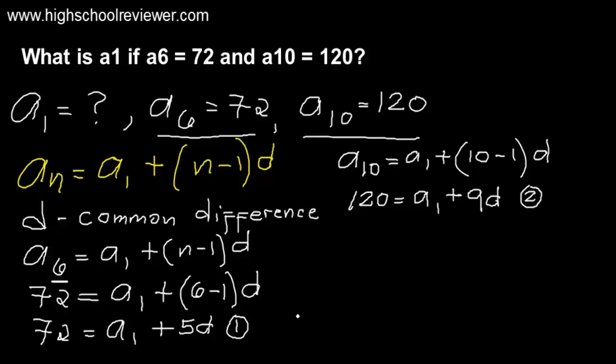So we need to subtract a sub 1 from a sub 1 so that we can cancel out a sub 1 and we can find the value of the common difference, or d. So subtract equation 1 from equation 2.